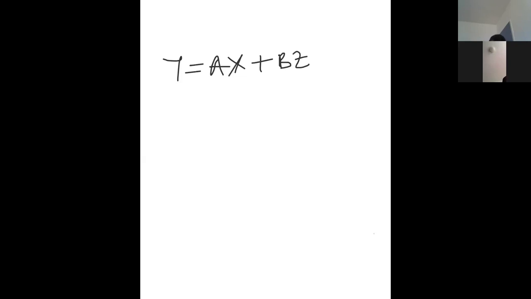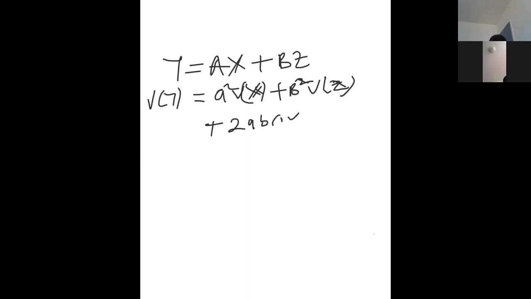If you remember, in this case it's a squared variance of x, plus b squared variance of z, plus 2ab covariance of x and z.